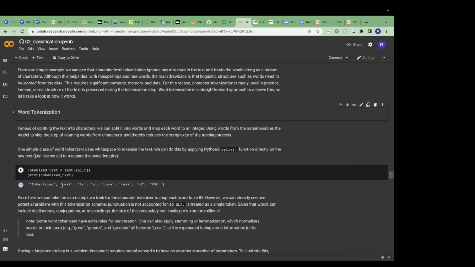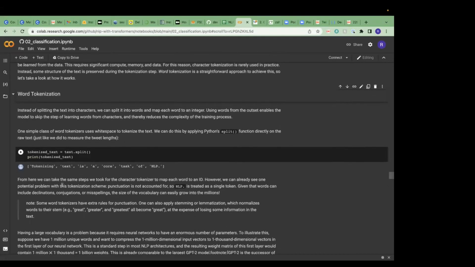You can also have special words, usually a special token for the start and end of sentence. I think we'll see that in the next section as well. They'll also have tokens for unknown words that are not in your vocabulary.